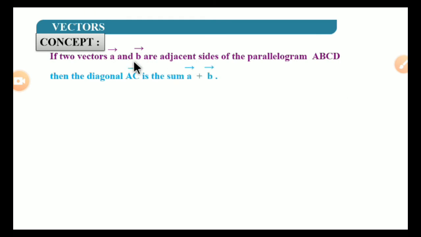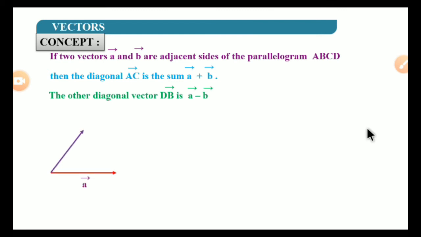Now we will go for the next concept. If two vectors A and B are adjacent sides of a parallelogram ABCD, then the diagonal AC is the sum A plus B, and the other diagonal vector DB is A minus B. Therefore consider vector A and vector B, and the points A, B, C, D means this is the parallelogram.